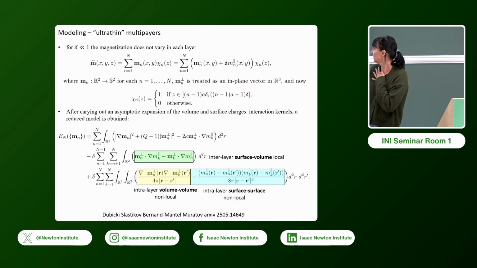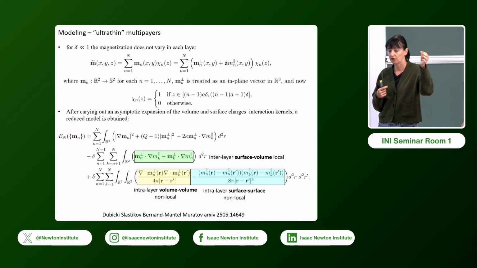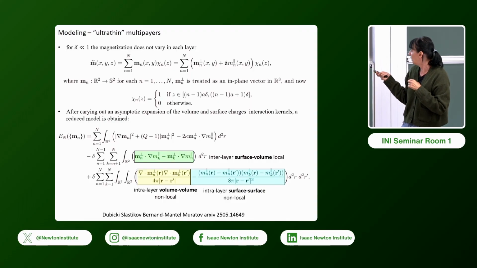But there is an additional term which comes from the interaction of the surface and volume between layers. If you look at this, you see that it has exactly the same expression as the DMI. So it is going to favor rotation between layers.